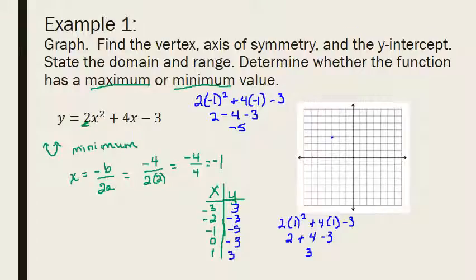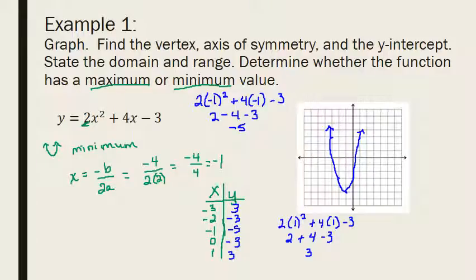Negative 2, negative 3. Negative 1, negative 5. And hopefully your parabola looks more like that U shape than mine does.